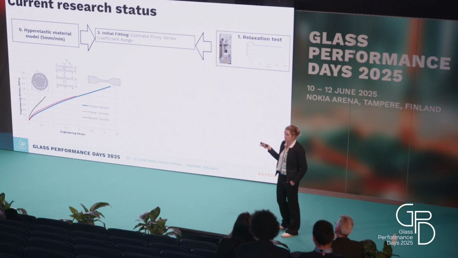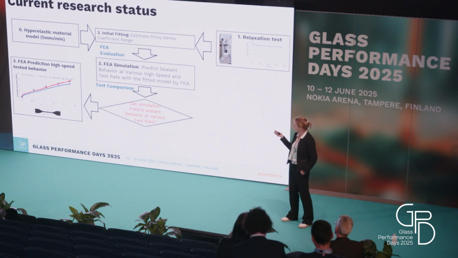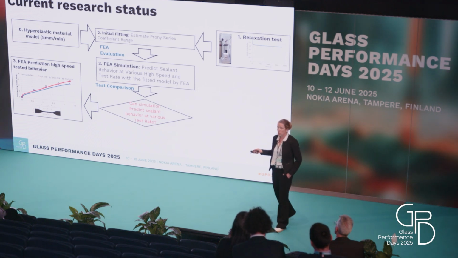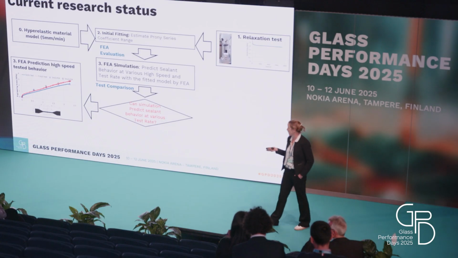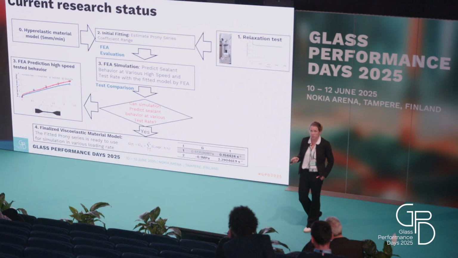With that, we estimate the Prony series, and we check if with this model we can predict the observations experimentally at high speed. If it works fine, we have our material model for high speed. If it doesn't, we are working with some software to optimize the Prony series parameters until it fits.